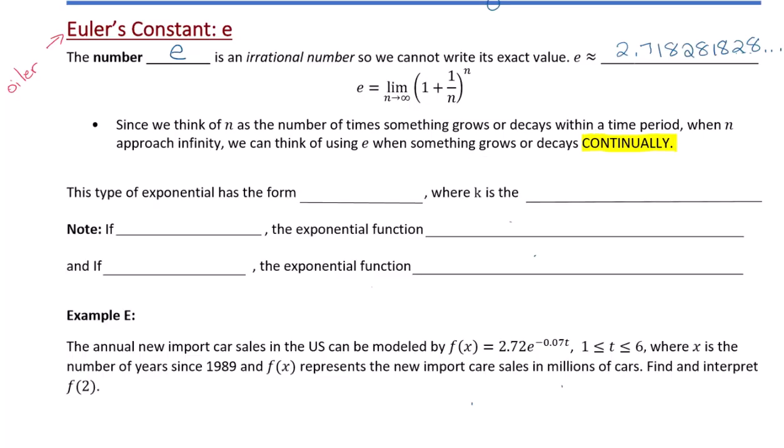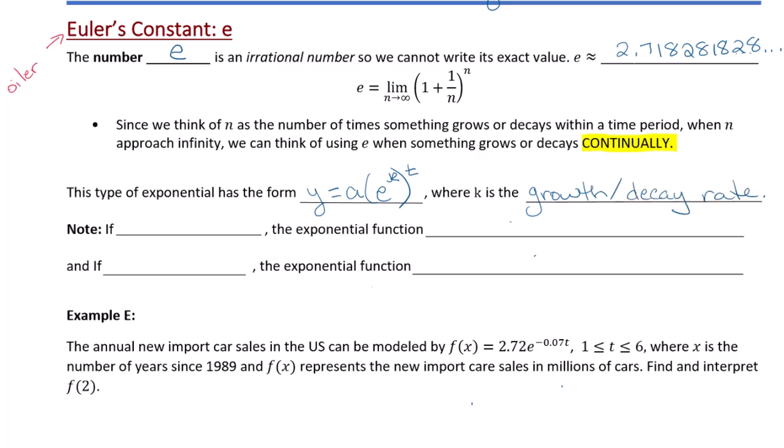This type of exponential has the form y = a·(e^k)^t, where a is still our initial value, e^k is our base, and k is the growth or decay rate.